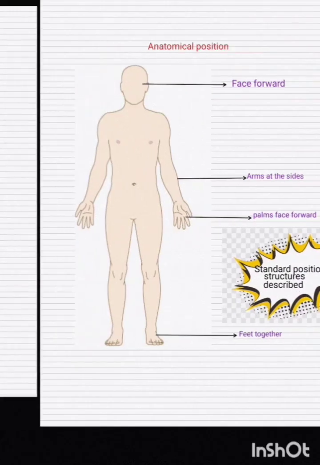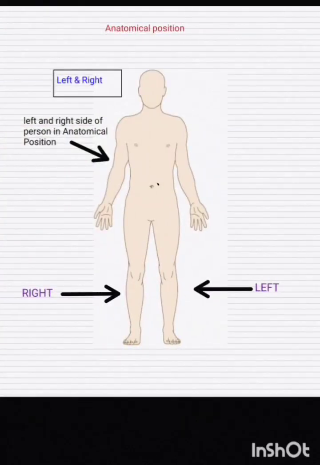Next, we are going into the basic directional terms. First one is left and right. When we say left and right, we are referring to the person who is in anatomical position. In this case, left and right refer to the subject's left and right side in the anatomical position, not the observer.